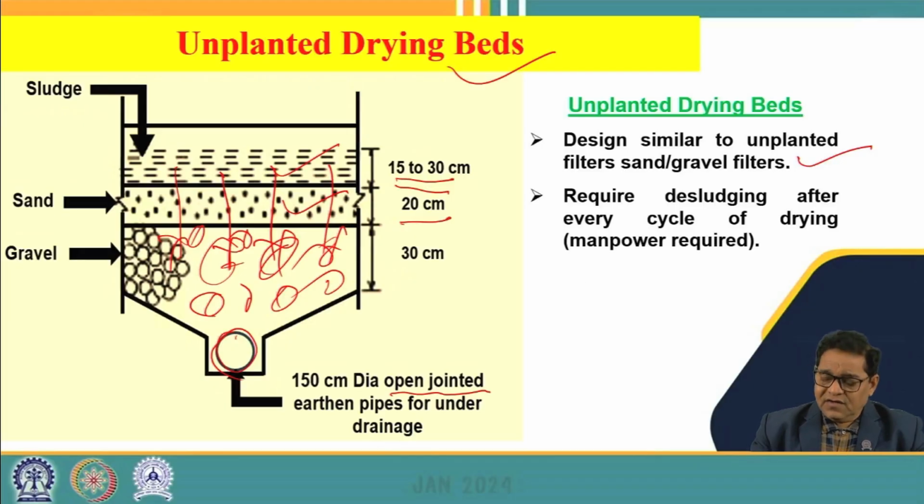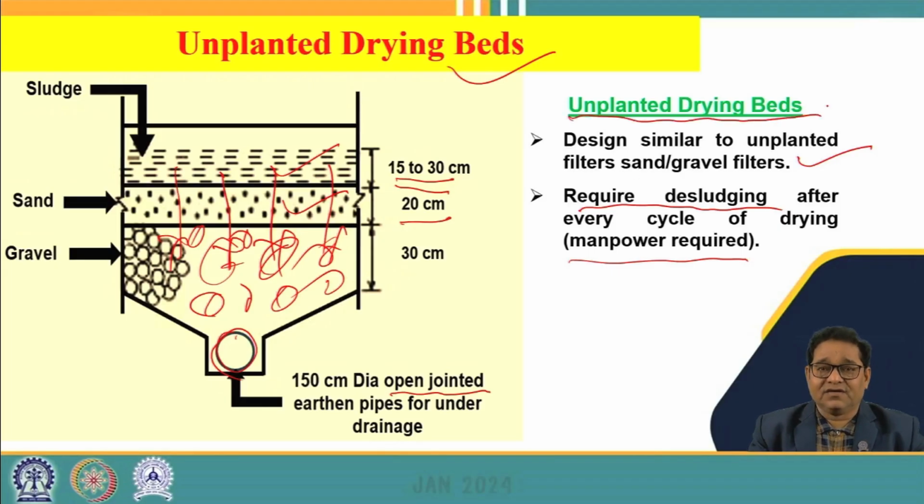And this type of drying bed requires frequent desludging after one cycle is completed. So this desludging has to be done, and again the bed has to be prepared for the next layer to be applied on the sludge drying bed for dewatering. These are the limitations of this unplanted type of sludge drying bed.